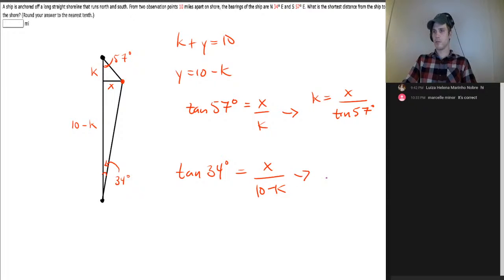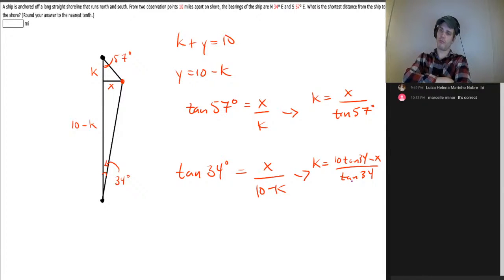And then this one gives me K is equal to 10 tan 34 minus X, divided by tangent of 34.